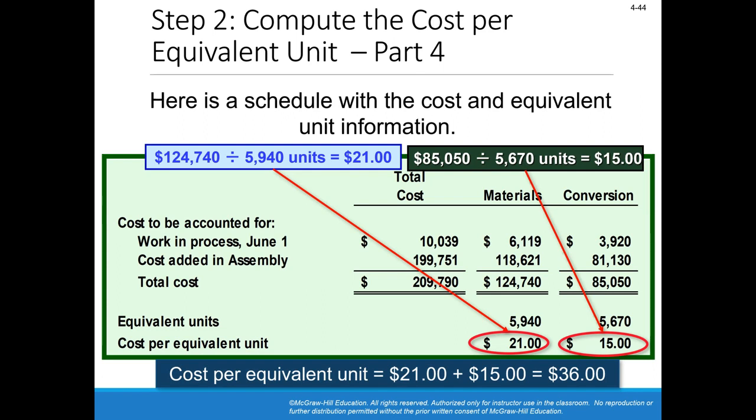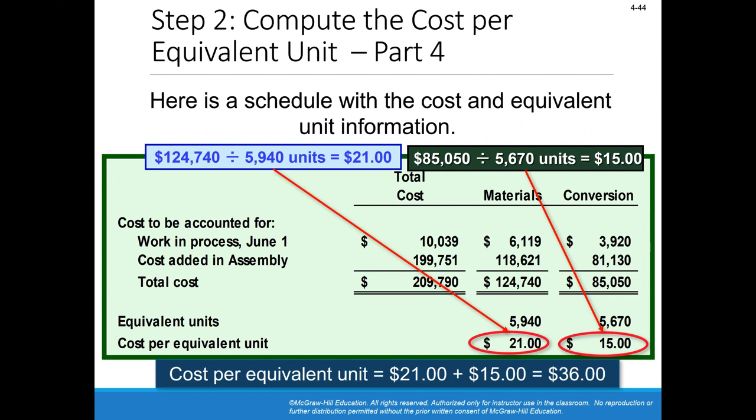So I'm going to break it out to know what the materials cost is per unit and what the conversion cost per unit is. All we're doing is taking the total cost divided by the number of units. For materials, we have the 124,740 divided by the 5940. That gives us $21. So if the question asks what the material equivalent unit cost is, it would be 21.